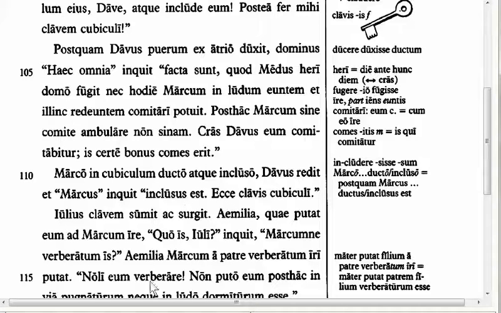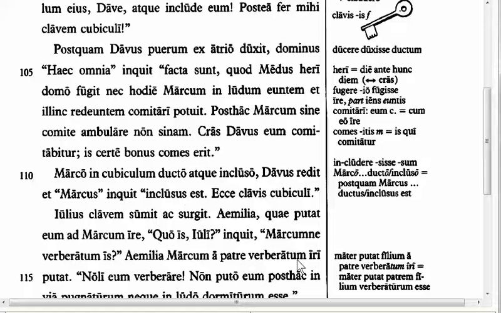Aemilia thinks that Marcus will be spanked by his father. Verberatum iri. Okay, this, we have the supine stem combined with iri, which is the way in Latin that we form the future passive infinitive. So I like to translate these infinitives when you have perfect active and passive, or future active and passive, as if they were an indirect statement, because that is frequently the way you'll see them. So putat, she thinks that he will be beaten.